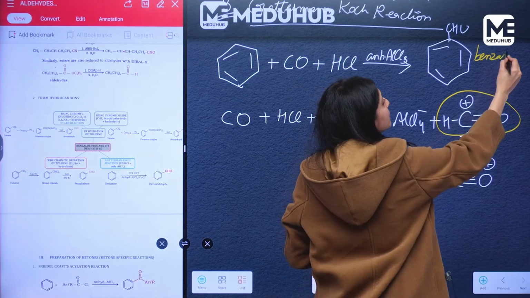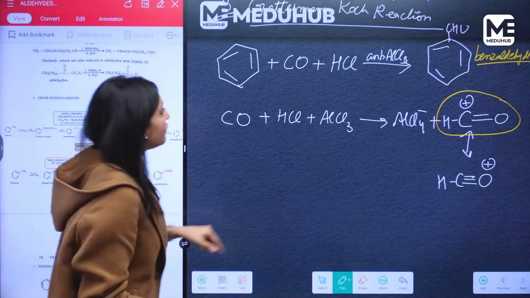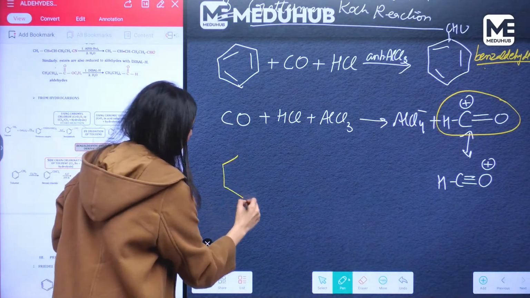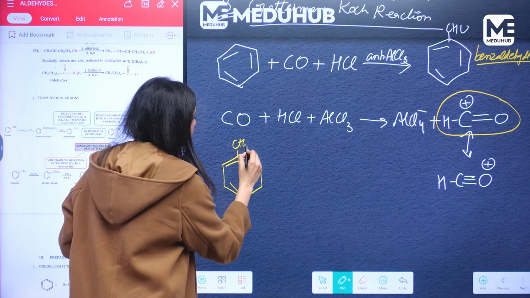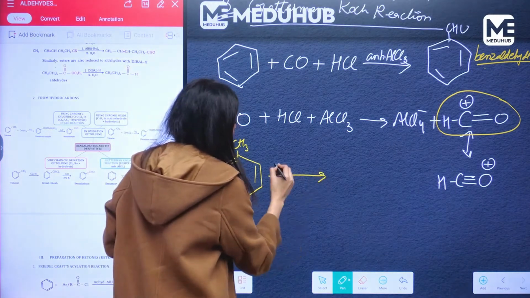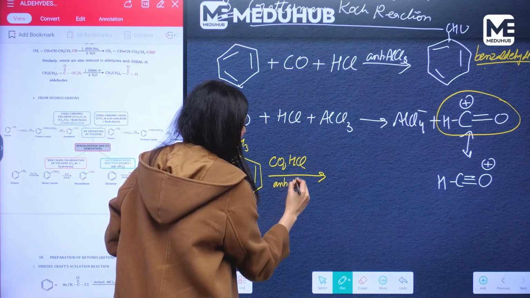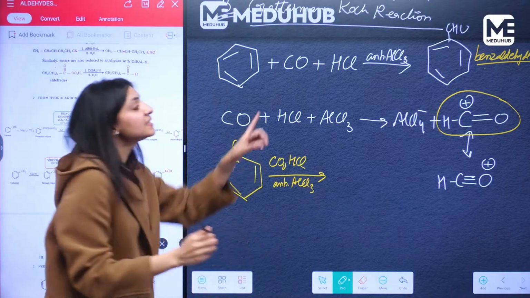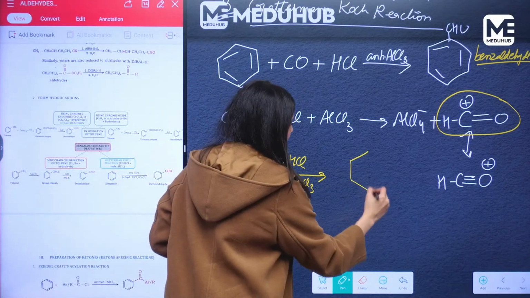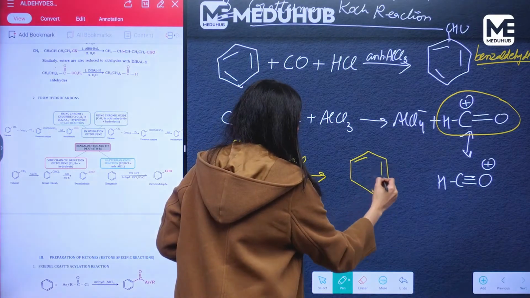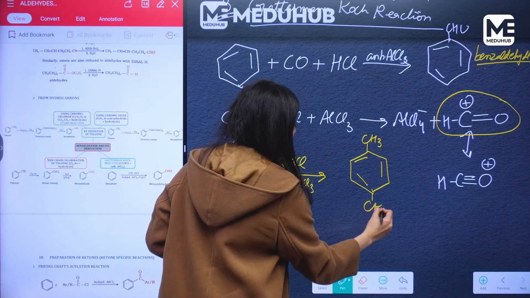Benzaldehyde. If we have a substituent on the benzene ring, for example, if we have toluene, in such a case, if we add carbon monoxide, HCl, anhydrous AlCl3, the CHO group will only come at the para position. CHO.